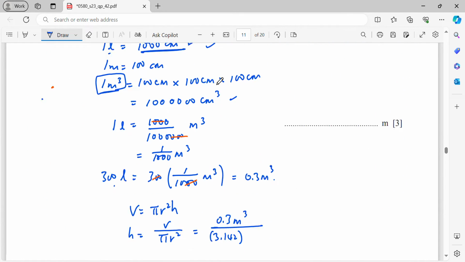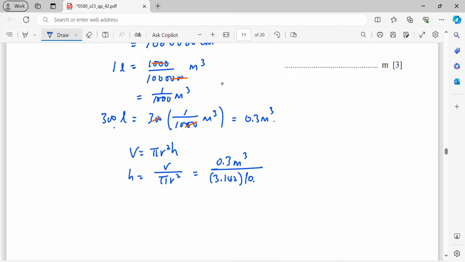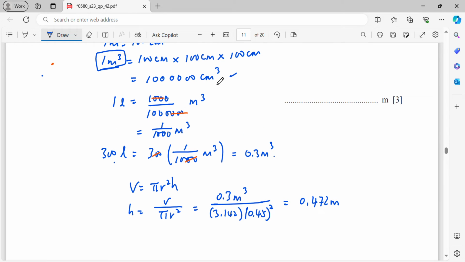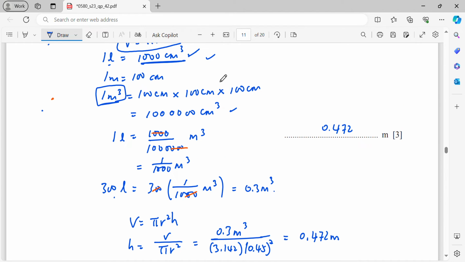So now I will just write 0.45 squared. Then at last you will be getting 0.472 meters. Okay, so that is my h in meters. So it means that you need to do the units conversion before you solve this question. You cannot just directly take 300 liters for the calculation.